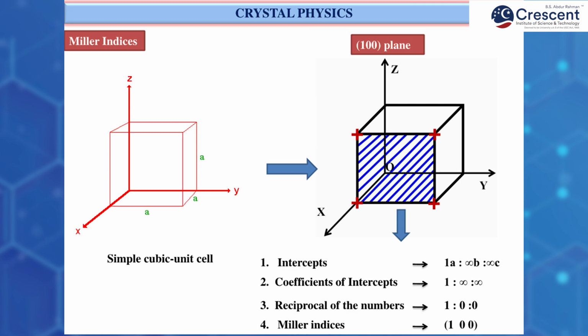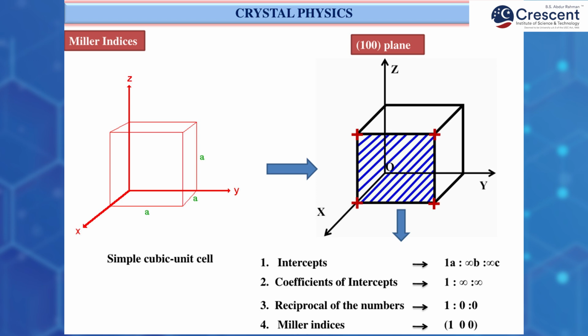Can you see the plane 1, 0, 0? Can you see the intercepts? How can you calculate them? First you find the intercepts along the x, y, z axes. The plane shaded in blue is parallel to the y axis and parallel to the z axis also.